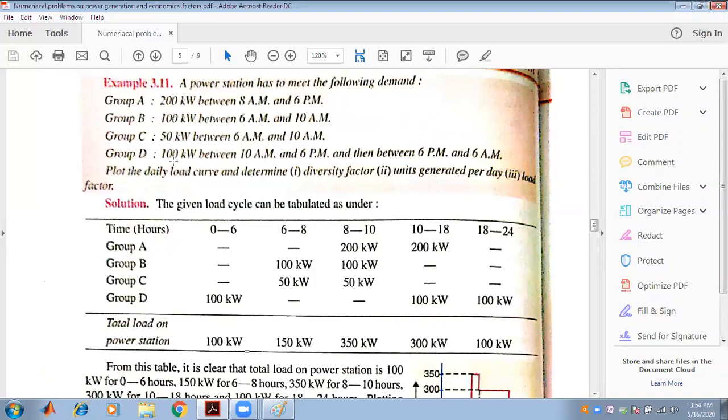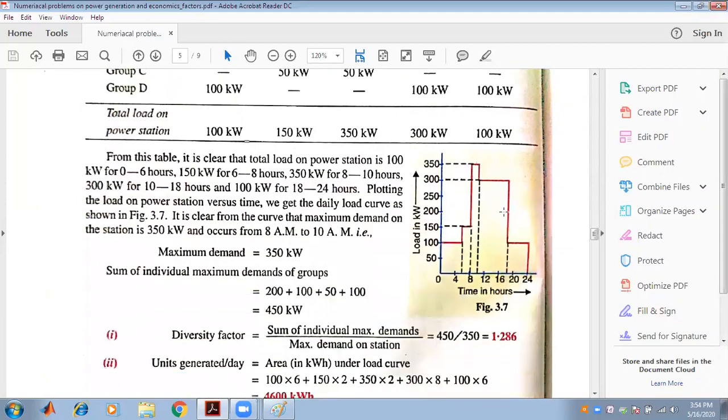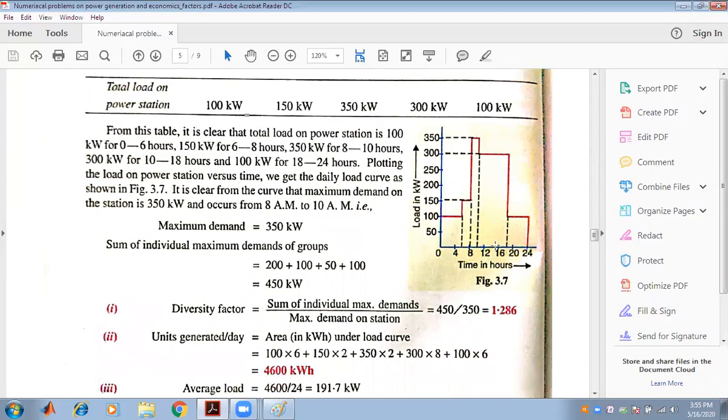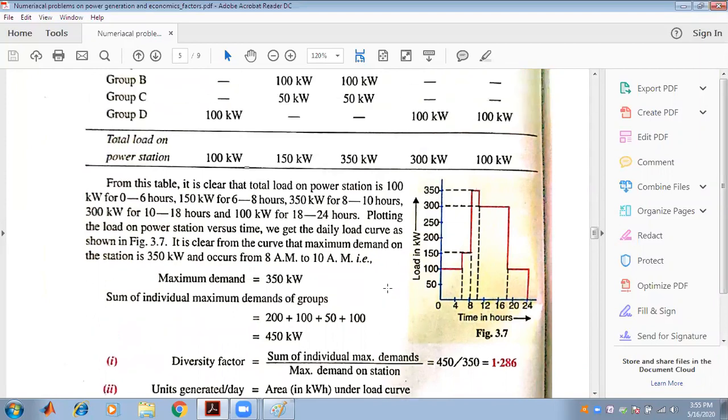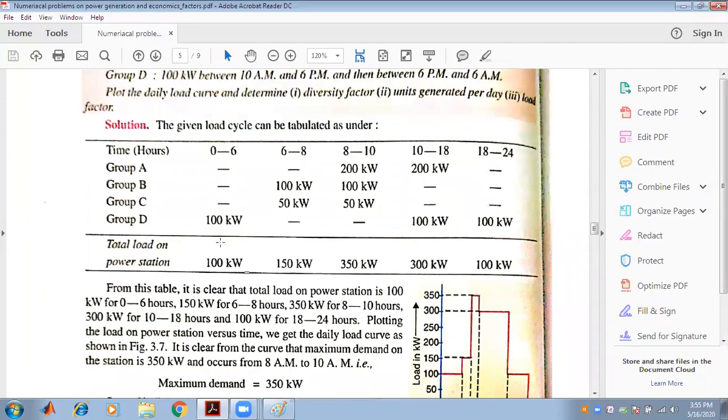So our second problem is units generated per day. You can easily draw the load curve in order to find the units generated per day. And another way, we can easily do that particular part also.